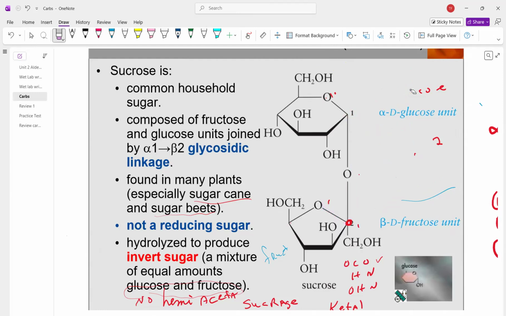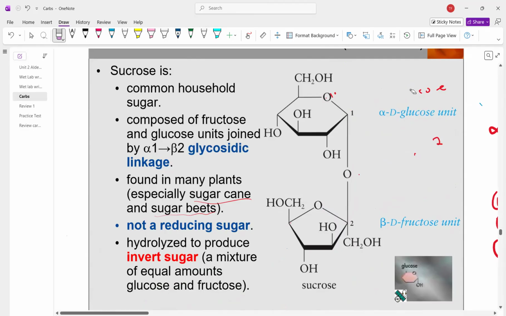Okay, so let's clear all this up here. Now let's analyze these two anomeric carbons. We've got this one here, OCO. And notice the glucose is alpha, the OH is going down.